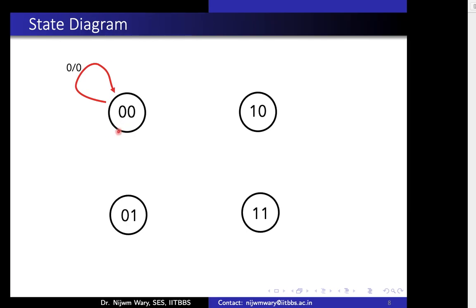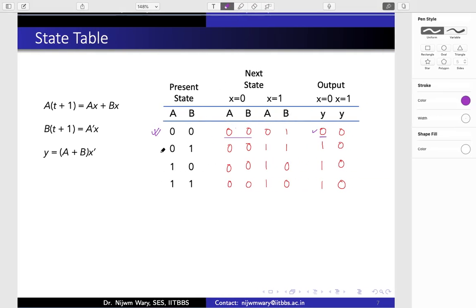Next we'll see how to represent this next one. Not this one, we want to go to a different state.